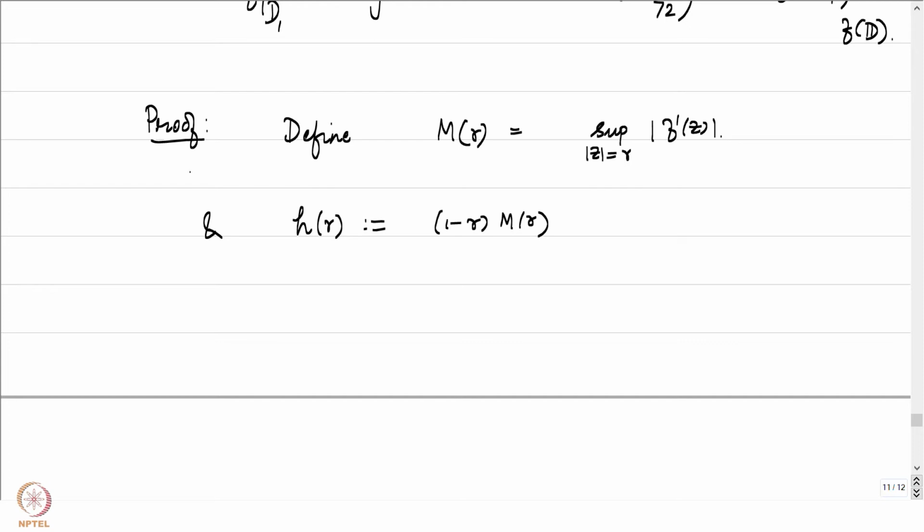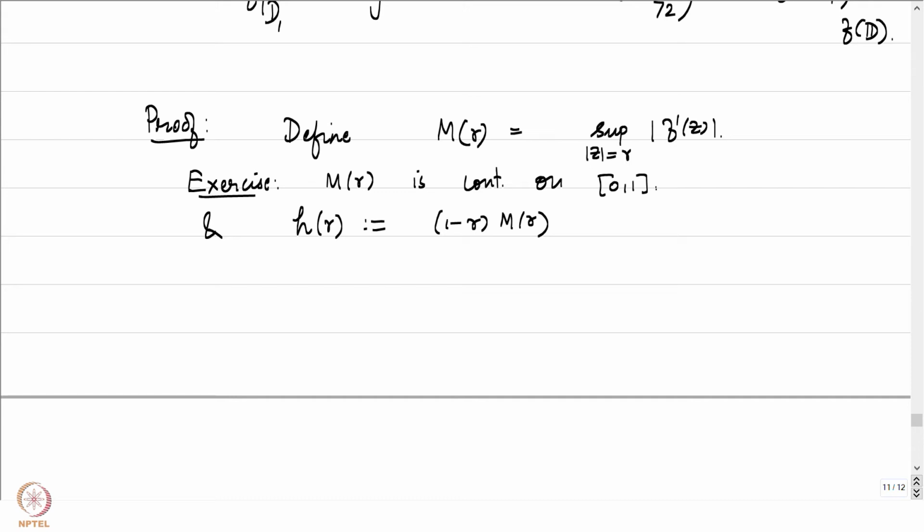So the first observation for you would be that m of r is indeed a continuous function on 0 1. I'm only interested in 0 1, so let's focus on 0 1. We'll not bother about what happens outside. On 0 1, m of r is a continuous function. This follows because f prime on the closure of the unit disk, which is compact, is going to be uniformly continuous.